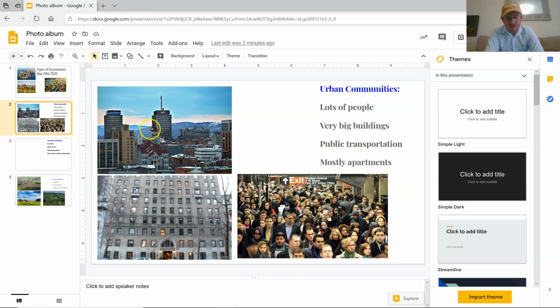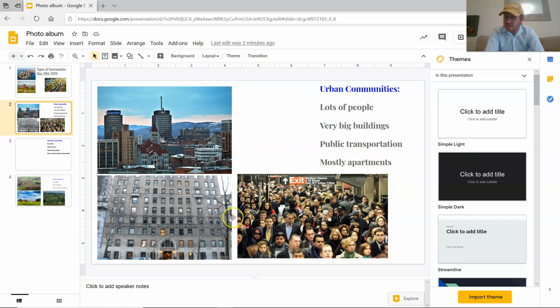This is actually our city of Syracuse. They have public transportation. Public transportation is when a lot of people can get from one place to another using something like a bus or a train. It's something that everyone can use, that the public can use. And then most of the houses are apartments.